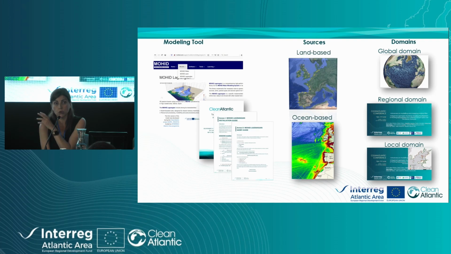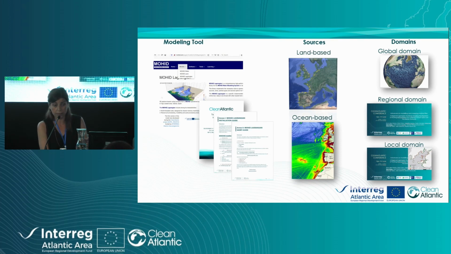For the CleanAtlantic model, we selected two types of particle sources: the land-based ones, like rivers and lakes, and the ocean-based ones, which would be the marine traffic areas sailed by vessels on the European coast. So we implemented the model on three different domains.